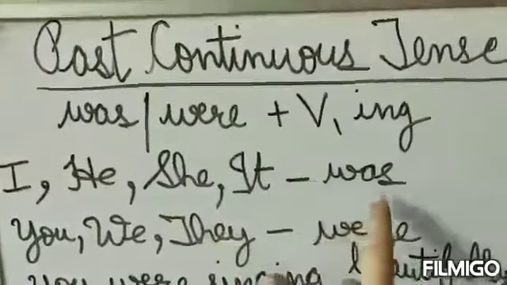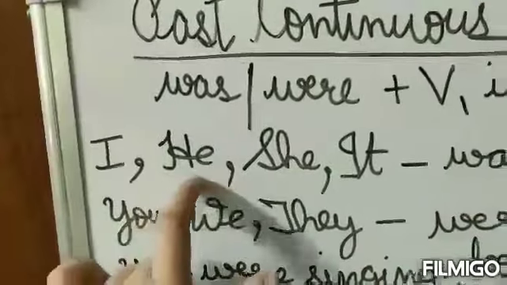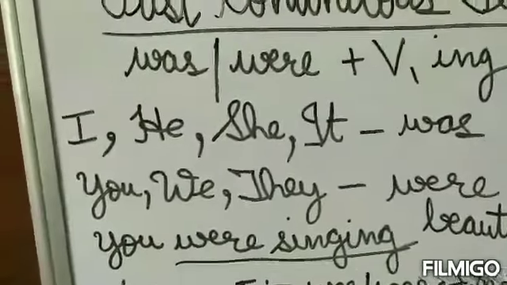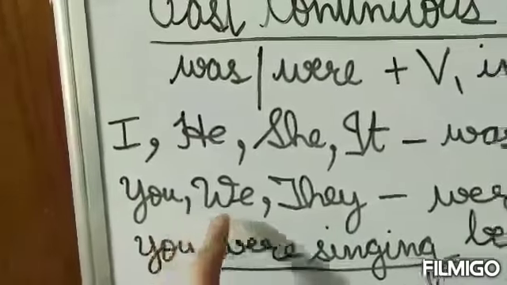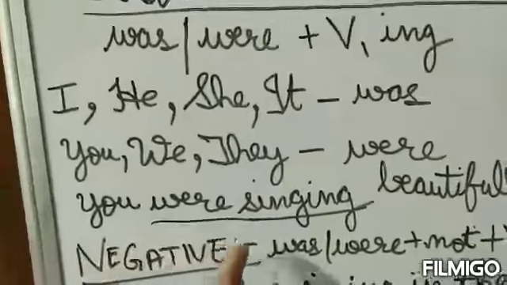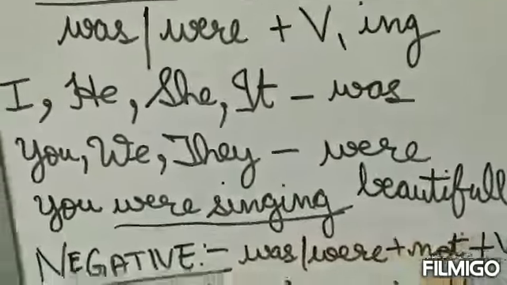Was will be used with I, he, she, it or a singular name, and were will be used with you, we, they. Example, you were singing beautifully.